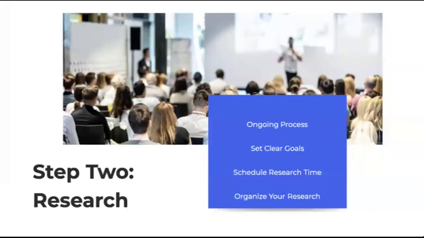We want to schedule research time because, again, being that it's an ongoing process, we could go down rabbit holes with this. So what I like to do is just set aside specific times within your schedule, maybe on a weekly basis, a certain amount of time that you can sit down and work on this.